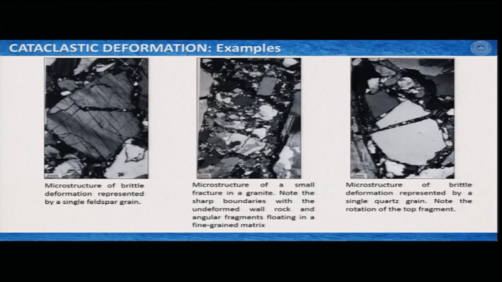Now, here I try to give you some examples. When you look at thin sections under optical microscopes, you can have some sort of idea that you are looking at cataclastic deformation. So, this is a single feldspar grain, as you can see here.